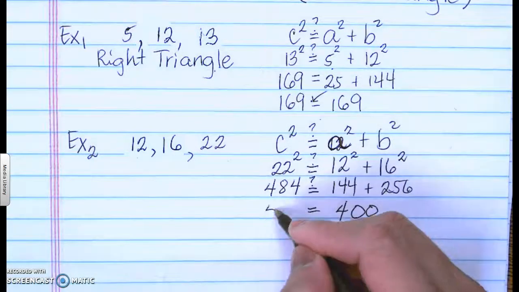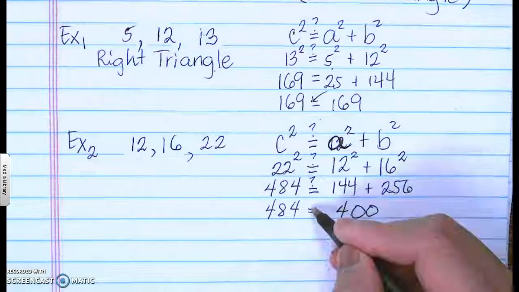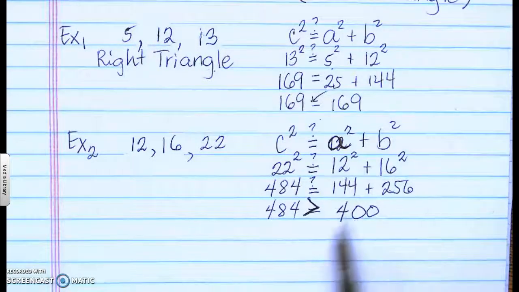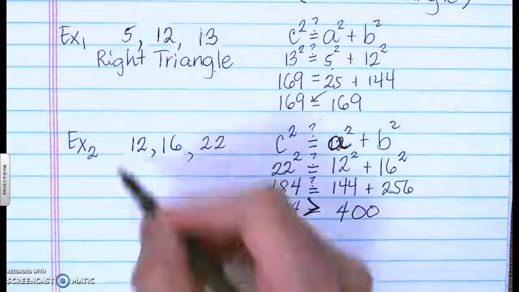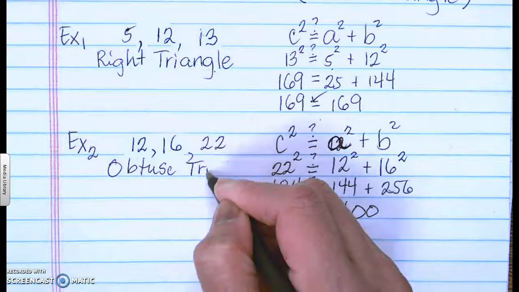And this is 484, apparently bigger than 400. So if c squared is bigger than a squared plus b squared, we said that this is obtuse. This is an obtuse triangle.